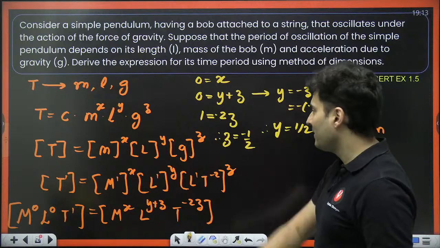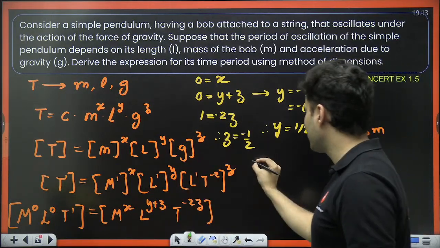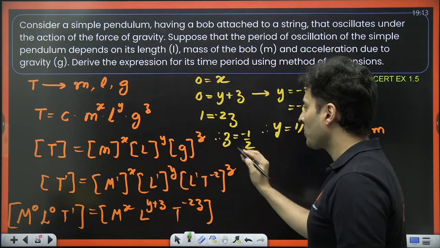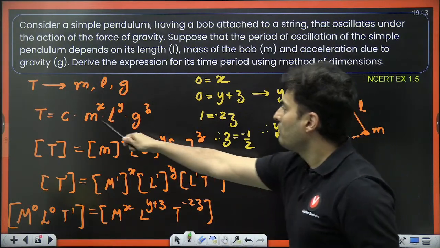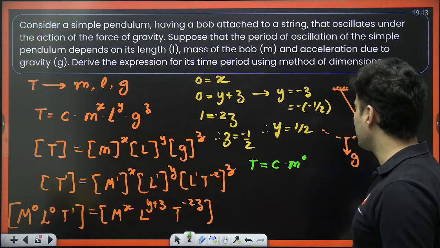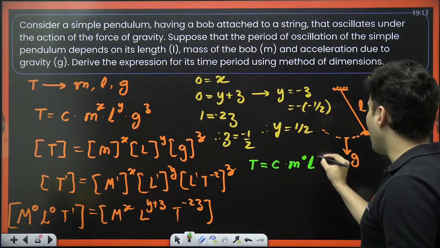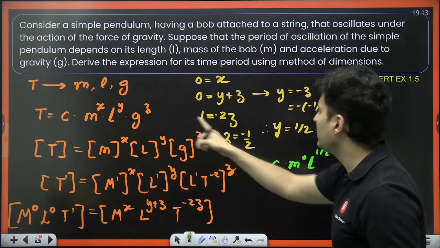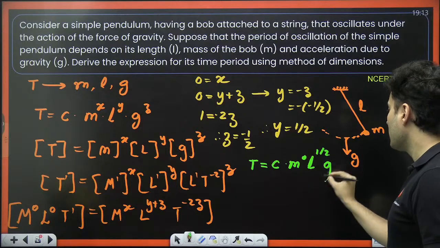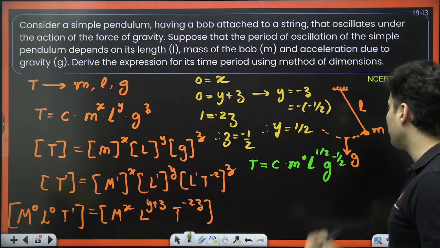Okay, so what is the final formula going to be? The final formula is going to look like this. Time period will be constant into mass raised to x, x is 0. Length raised to y, y is half. Gravity raised to z, which is nothing but -half.